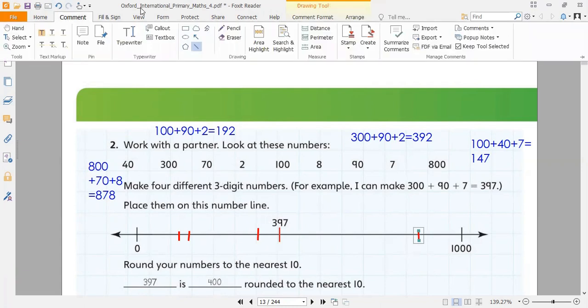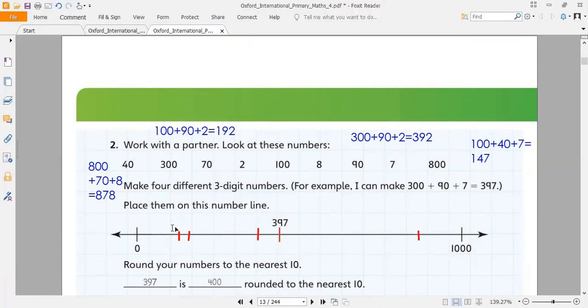So let's write them. Here will be 147, and the second is 192, and third is 392, and the fourth is 878.